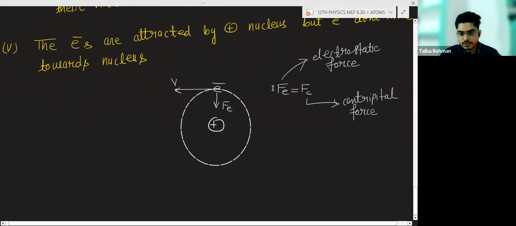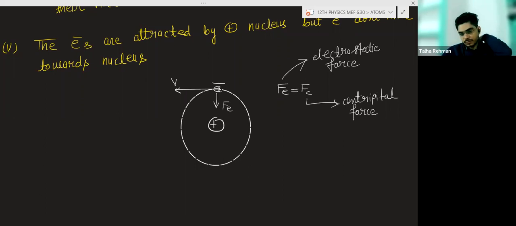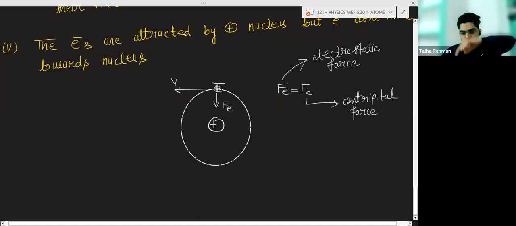So what happens? This electric or electrostatic force is used by the electron as centripetal force to move in a circular path.